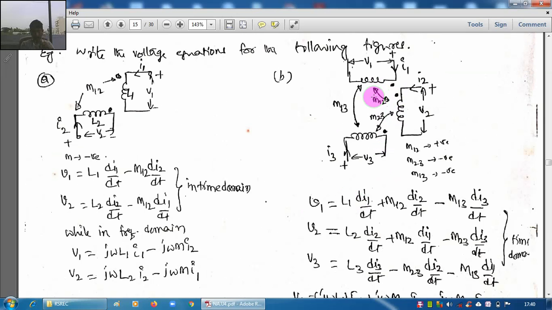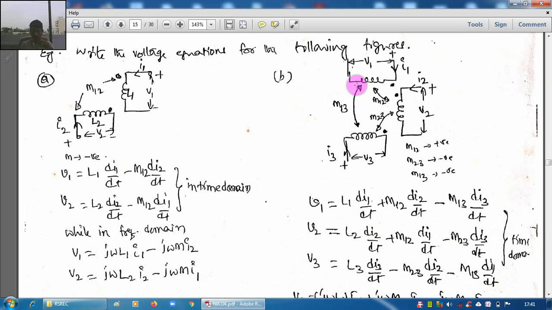Polarity of M12: for these 2 coils, current of this coil is entering the dot. Here also, the second coil we are considering, current is entering here also. So therefore M between these two coils, M12, is positive, as we are writing due to this current di2 by dt. So EMF due to this coil is also written.